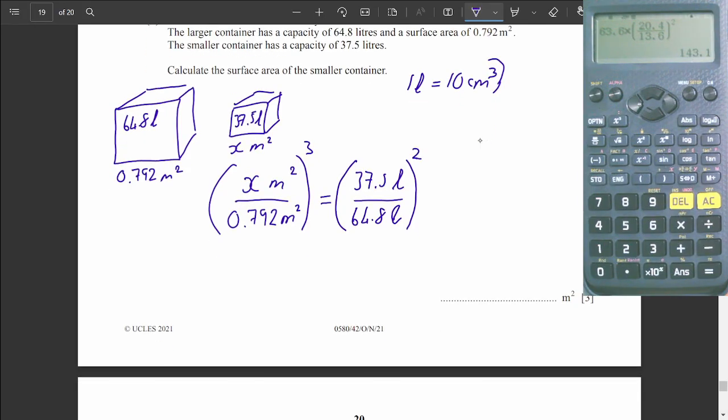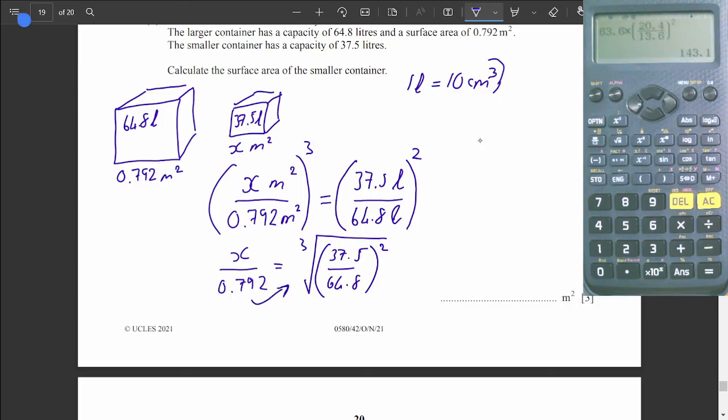All right, so we need to rearrange that and then sort it out. So first of all, to find that X there, I need to get rid of the cube. So what we'll do is we will cube root everything on that side. And it looks like that. And of course, then to get the X alone, we need to move this 0.792, multiply it on the other side, and it will look like this.